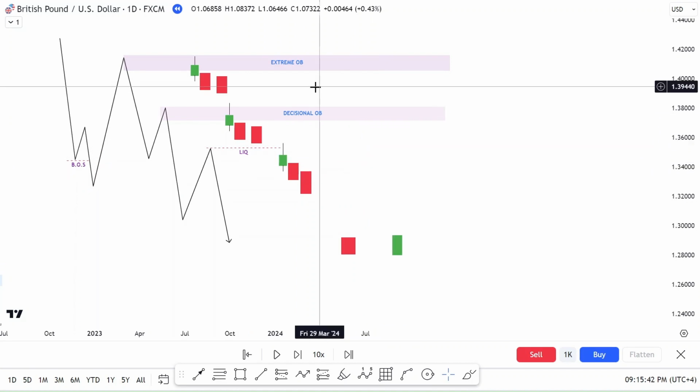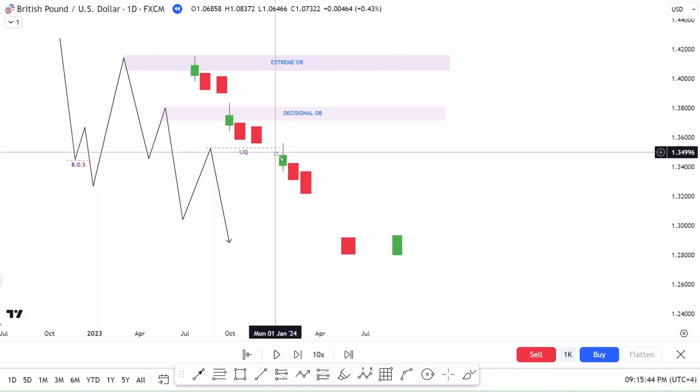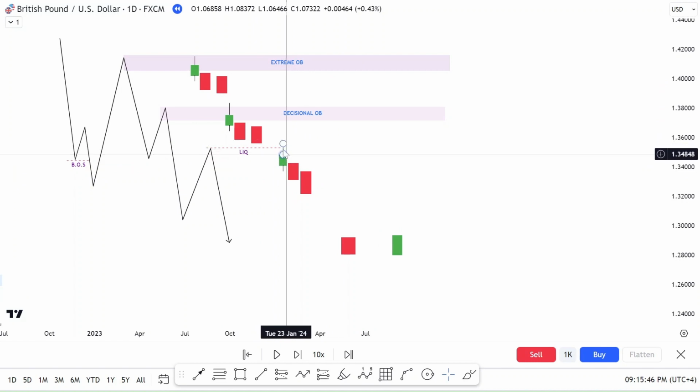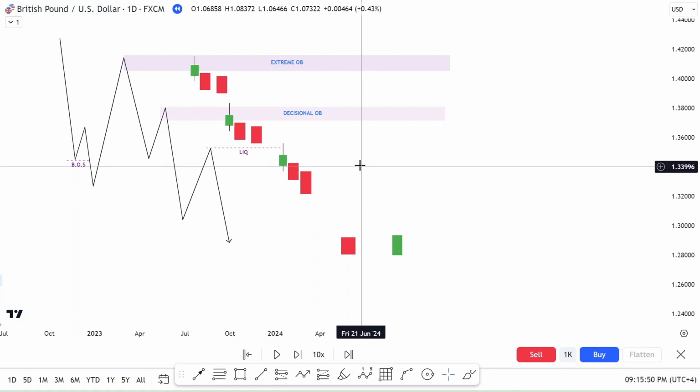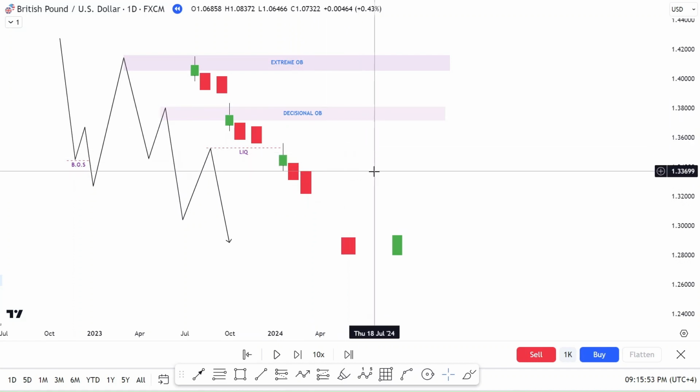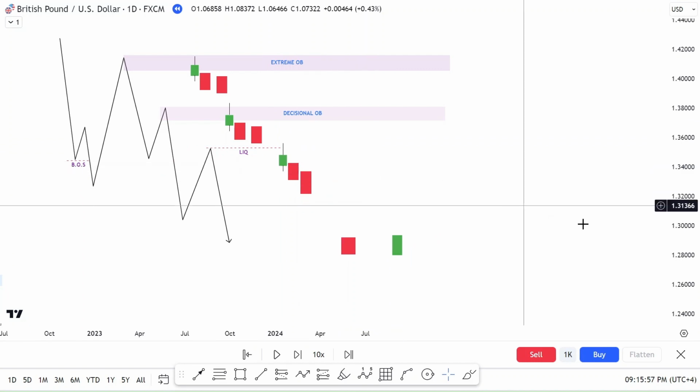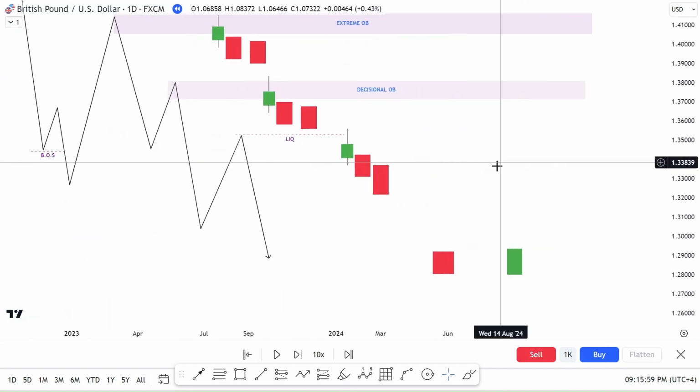So what happened here in this scenario? This candle just swept the liquidity with this wick right here. What happened after sweeping the liquidity? It created this candle, and the candle after closed under this candle.